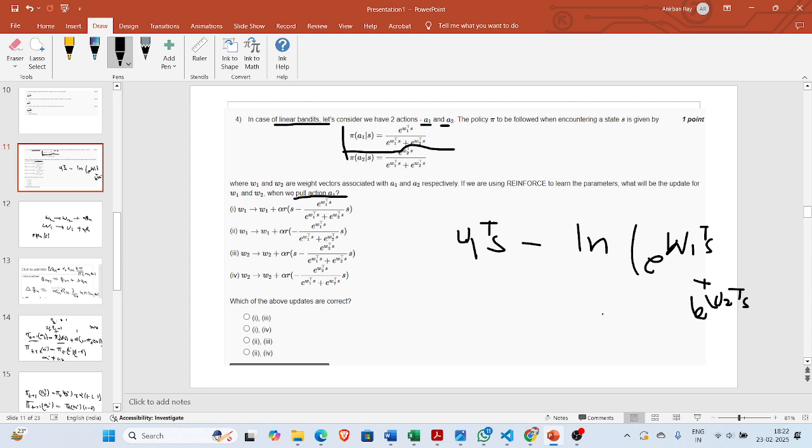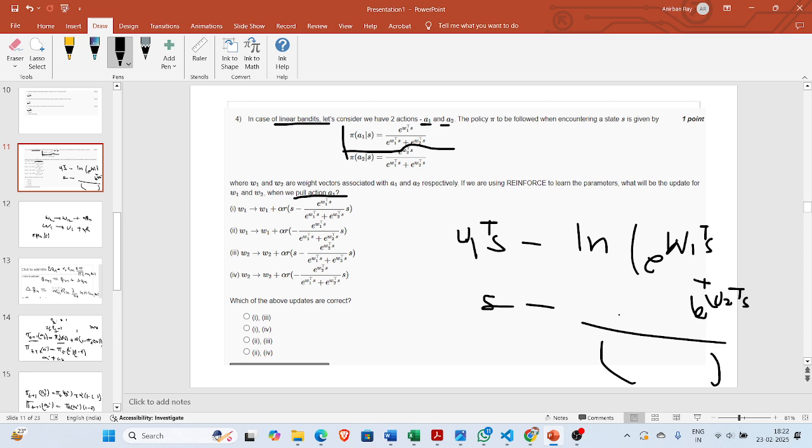Now taking the derivative with respect to w1, what will this become? This will become s. And with respect to w1 we are looking at ln, so this will invert and come in the base, and then we take the derivative of this one, which is a sum of derivatives.